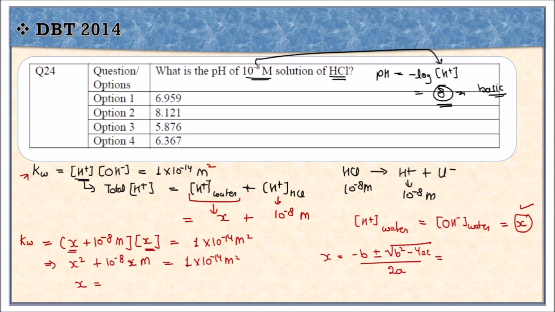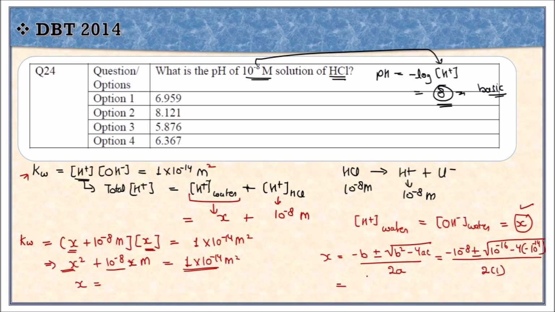So if we put the value, b is 10 to the power minus 8, so minus 10 to the power minus 8 plus minus under root 10 to the power minus 8 whole square, so that will be 10 to the power minus 16 minus 4, a's value is 1, here it is a, and c is on right side, but if we take it to left side it will become negative, so minus 10 to the power minus 14, under root, okay, divided by 2 into 1.